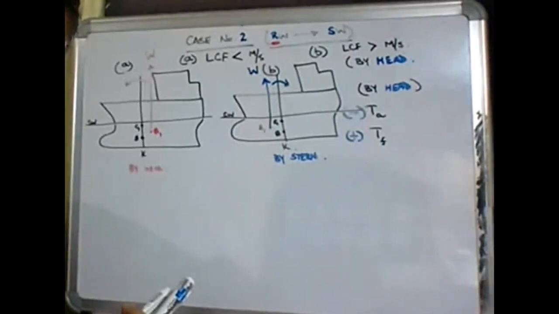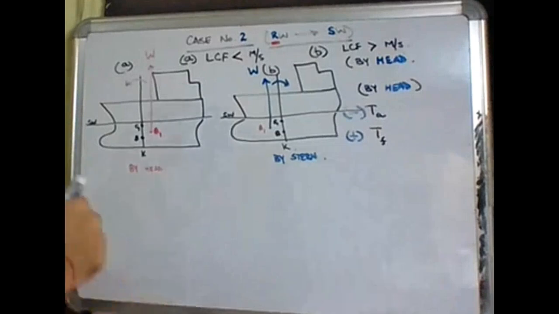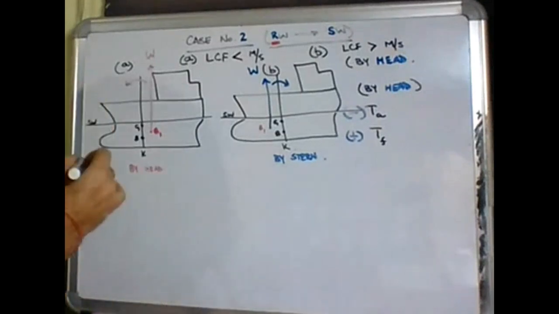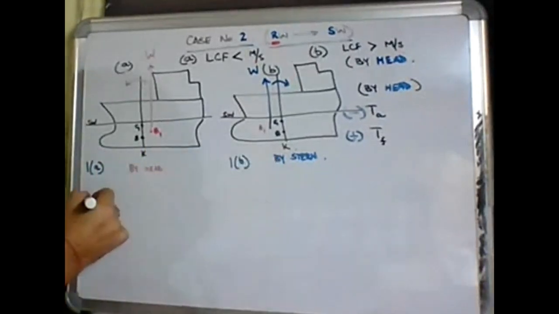Two-way, just. Yeah. When a ship goes from Haldia to Chennai, then she will trim opposite of this, no? 2A. Correct sir, correct. So this is 1A, this is 1B, now come to 2A.